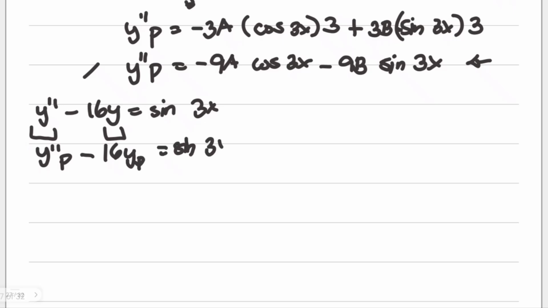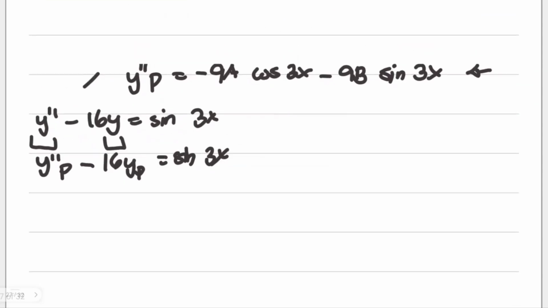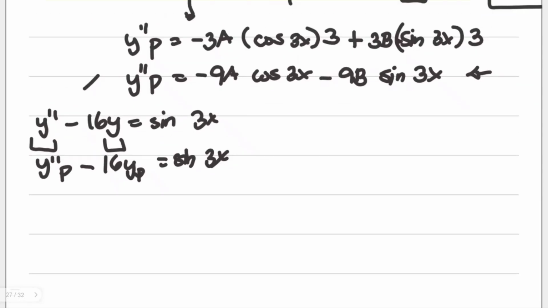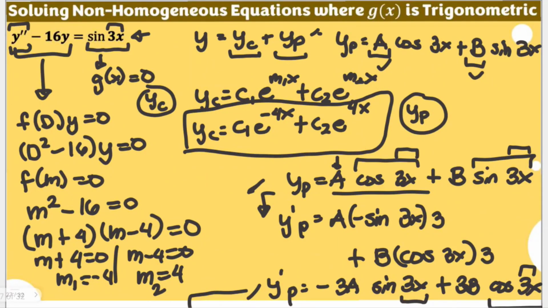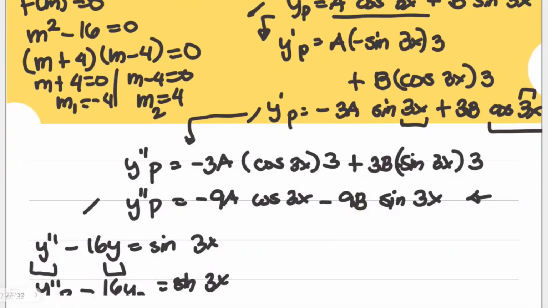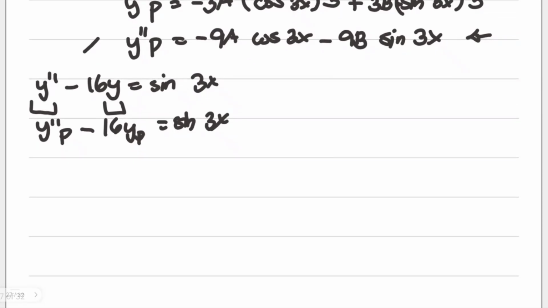sine 3x. We are going to do this to solve for our coefficients a and b needed for our y sub b to be paired with our y sub c here. So it would take a longer period of time, but let's just do it anyway.